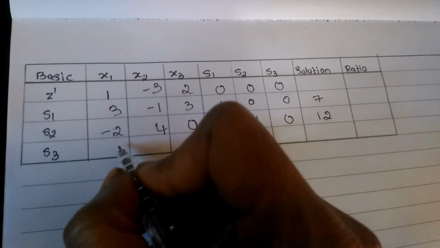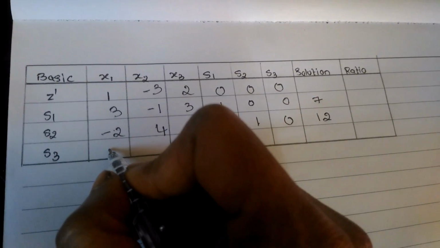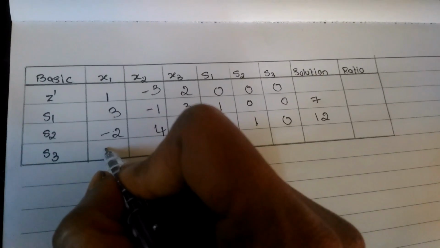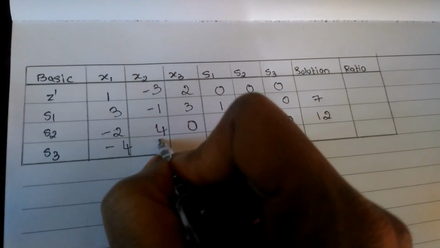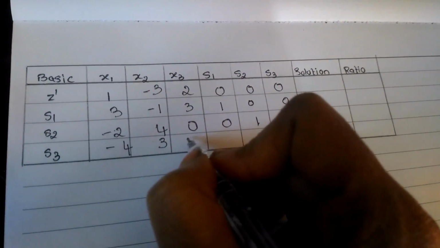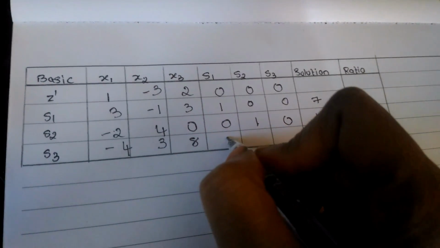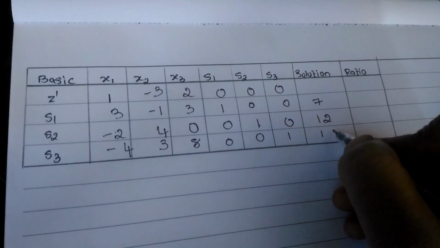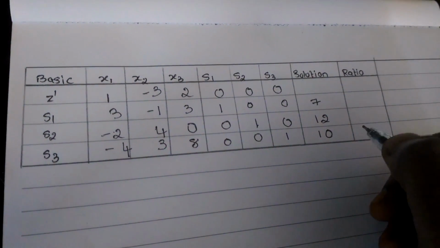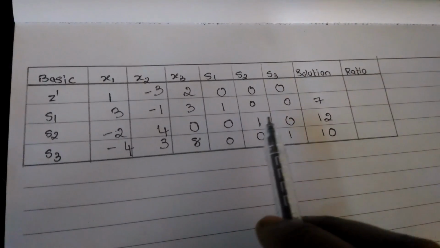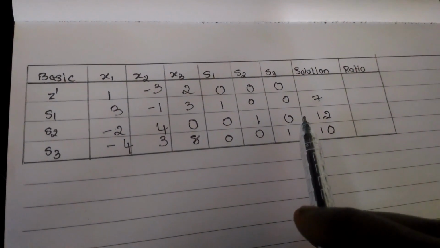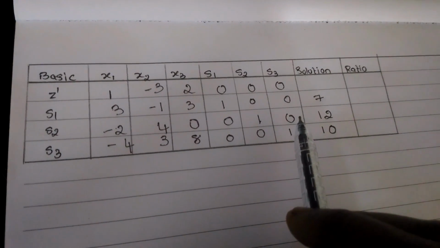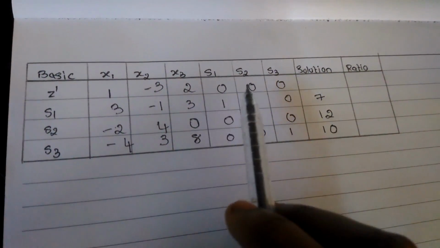Now S3: the x1 value in the third constraint which had the slack variable S3 was minus 4, x2 had 3, x3 had a value of 8. There will be no s1, no s2 and only s3, and the RHS part would be 10. This is how we plot all the values of the constraint inequalities and the objective function variables into a table.